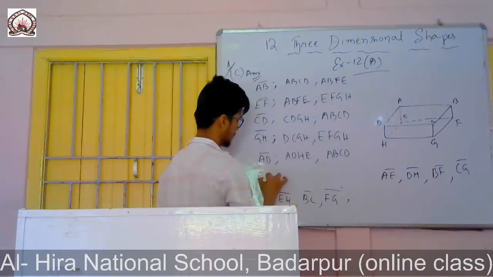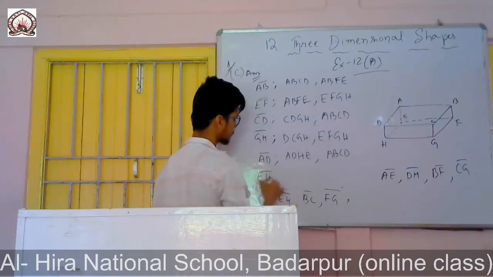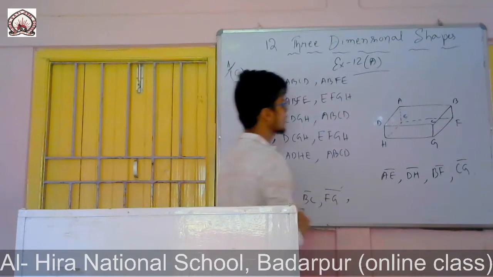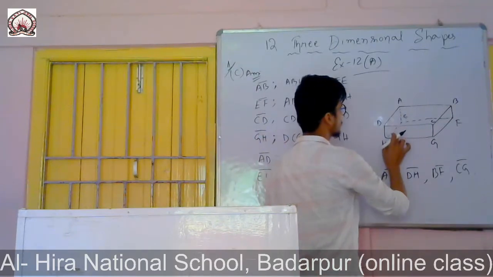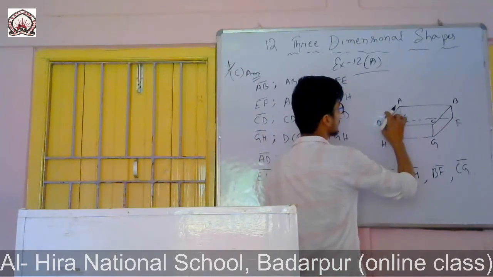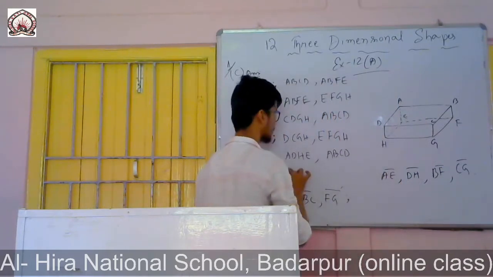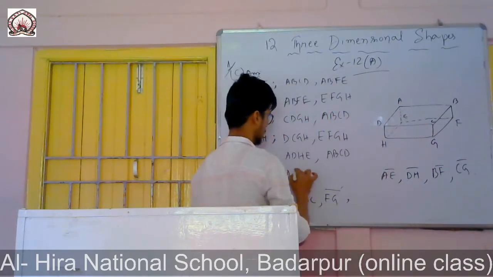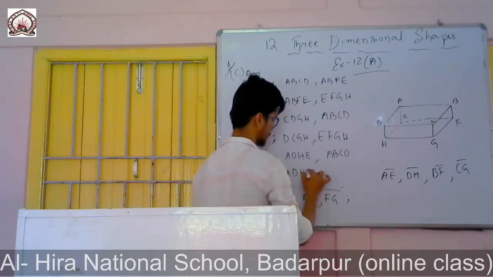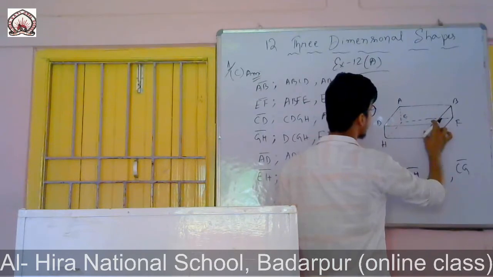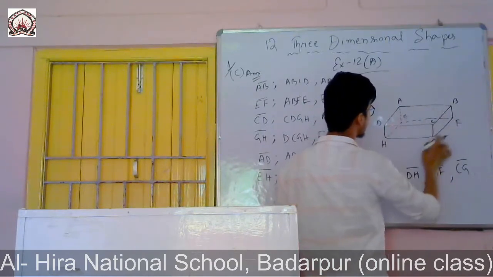Then EH. With EH, you see this face AEHD, or you can write ADHE. With this side, this face and this face are associated, EFGH.